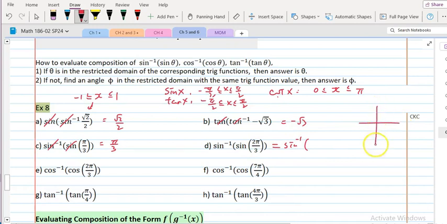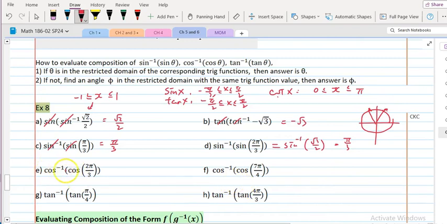Go to the unit circle and look at 2pi/3. The sine value is positive square root 3 over 2. And then I do the sine inverse, which gives pi/3, because both of these have the same sine value.